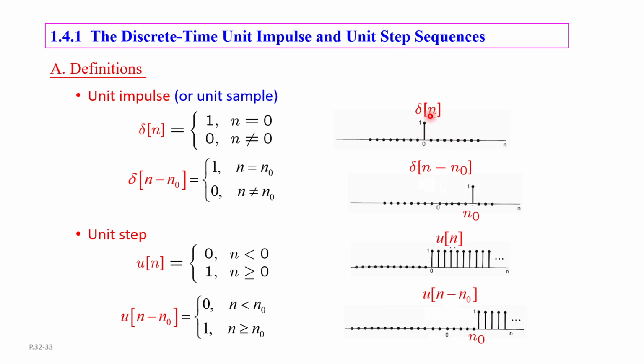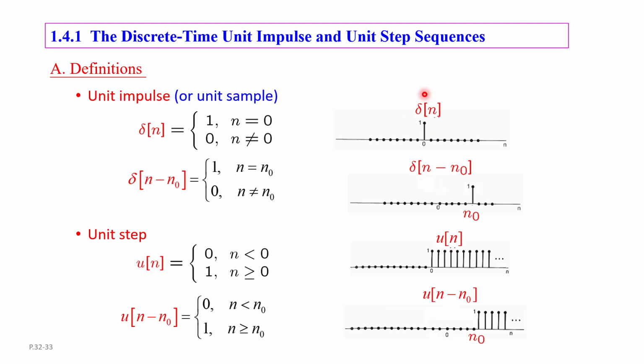Okay, so now you can see the name makes sense. It's an impulse because there is an impulse at 0 here, and it's a step because it moves up a step here, to 1. This delta and the u you just need to remember.